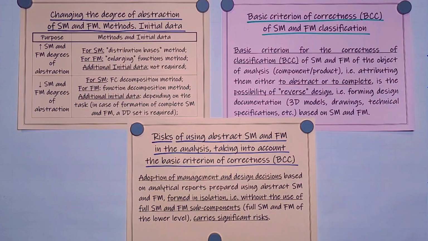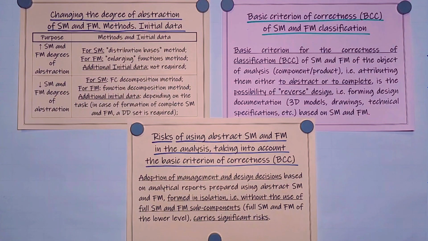So, the basic criterion for the correctness of the classification of structural and functional models of a component or a product, i.e., attributing them either to abstract or to complete models, is the possibility of performing a reverse design, i.e., forming design documentation, or design and engineering documentation, based on them.